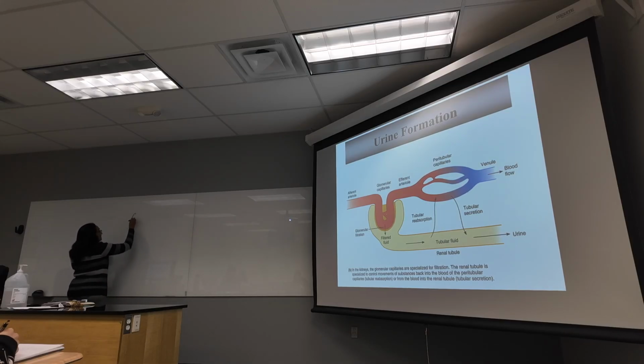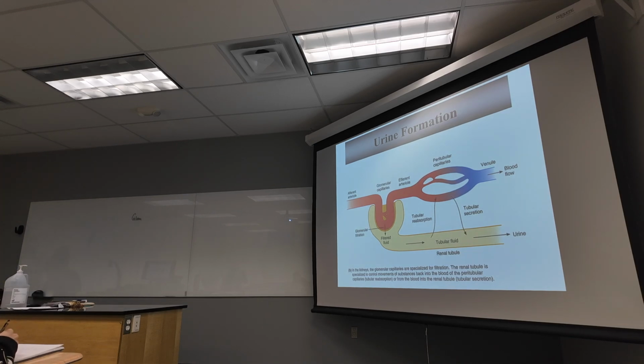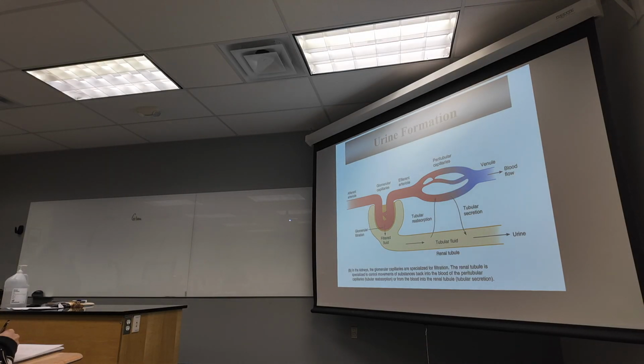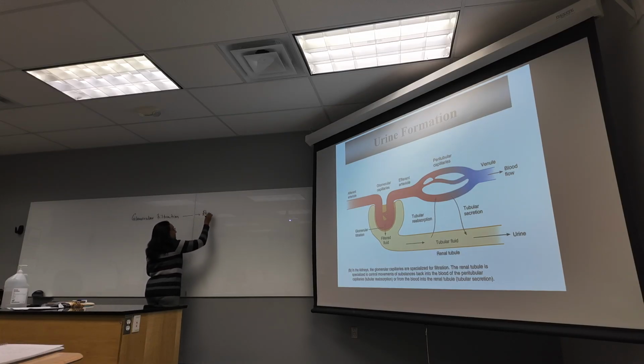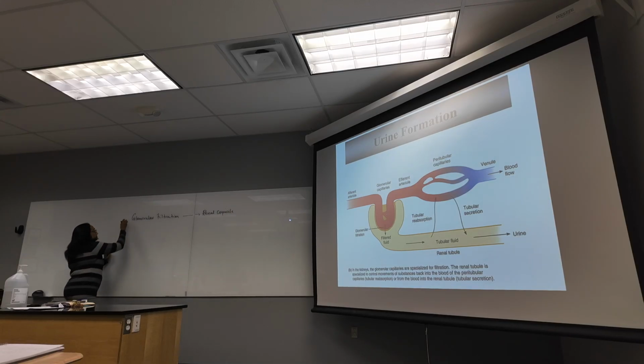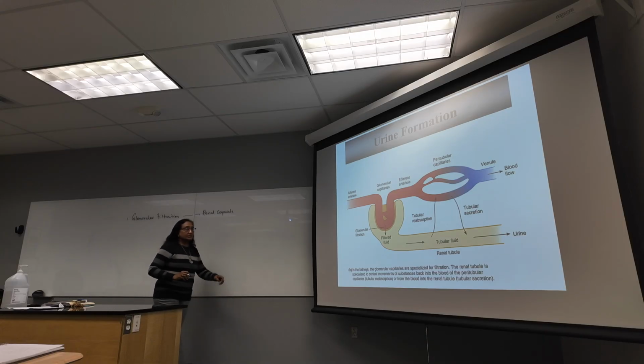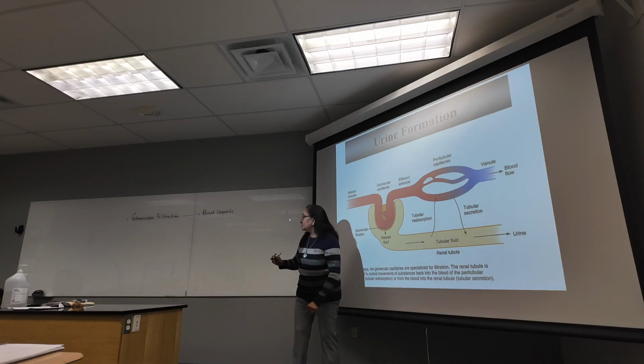So this is the first step, filtration, and this takes place in the renal corpuscle, which is the glomerulus plus the cup, the glomerular capsule. That's the first step. Okay, and we have already seen what happens.